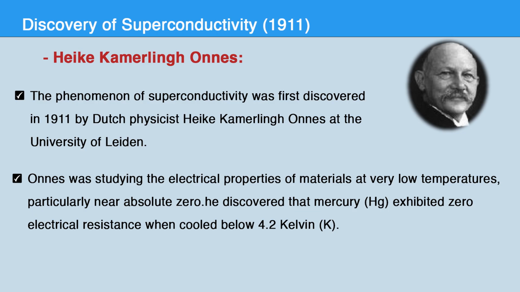Particularly near absolute zero, he discovered that mercury exhibited zero electrical resistance when cooled below 4.2 Kelvin. This marked the first observation of superconductivity, a state in which a material conducts electricity without any resistance.